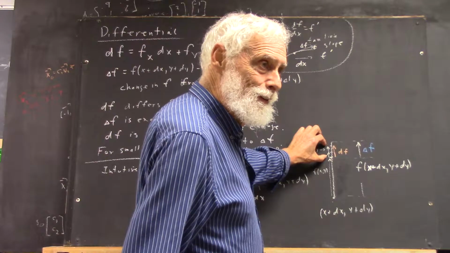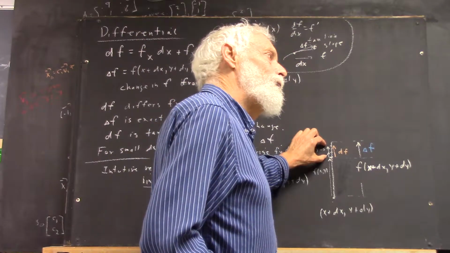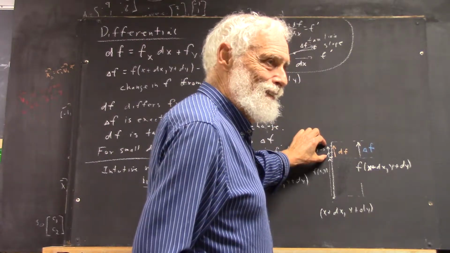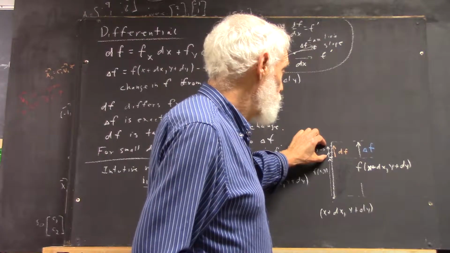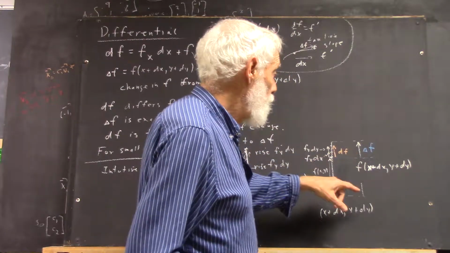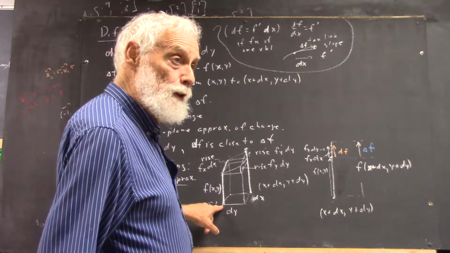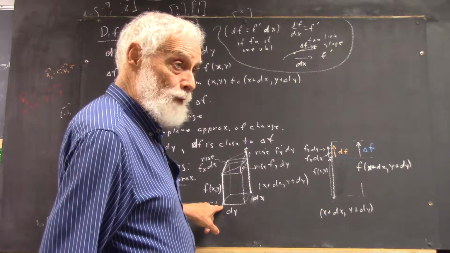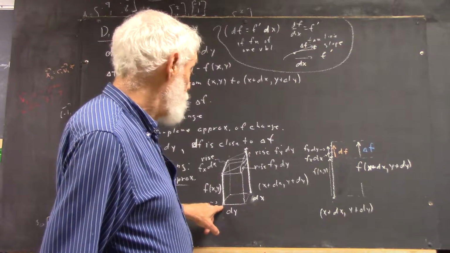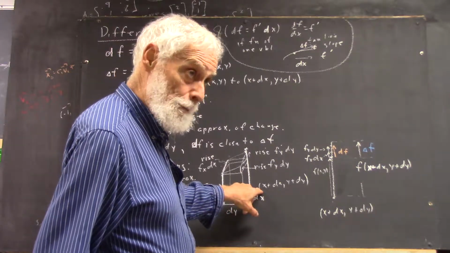This is your approximation, okay? Approximation to what? To the difference in the value of the function at this point relative to this point, okay? The change in the function as you move from here to here.